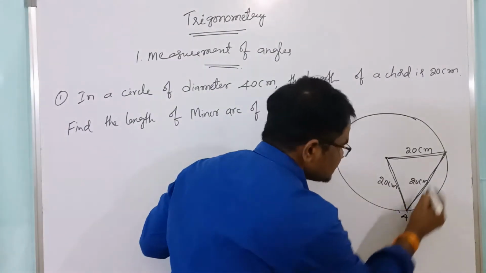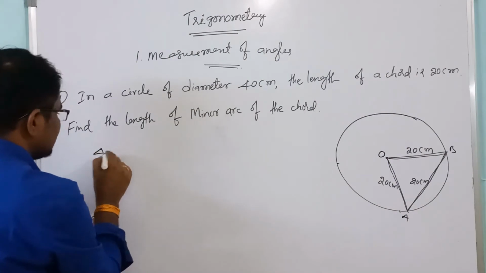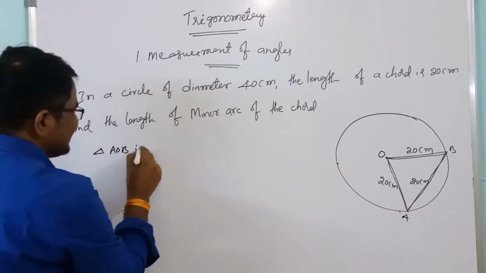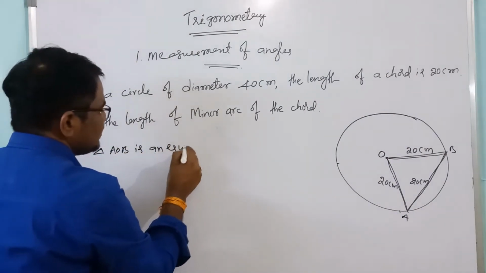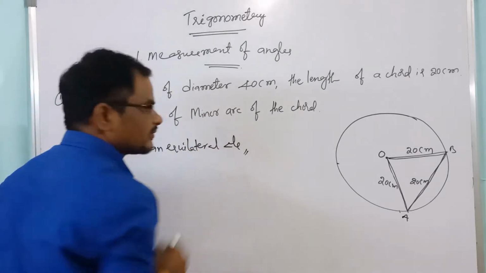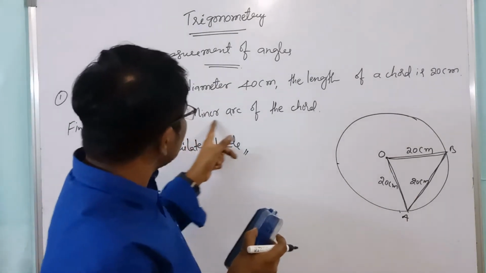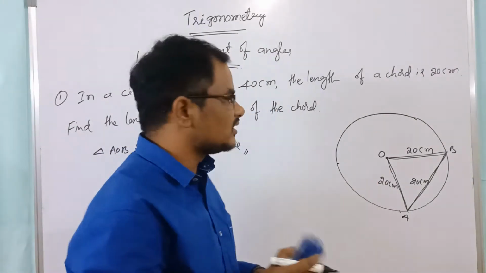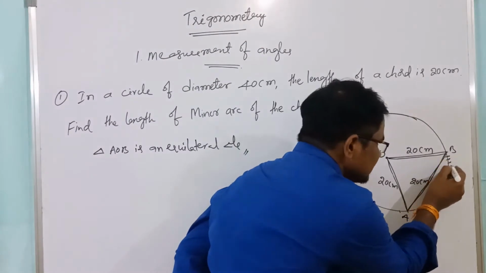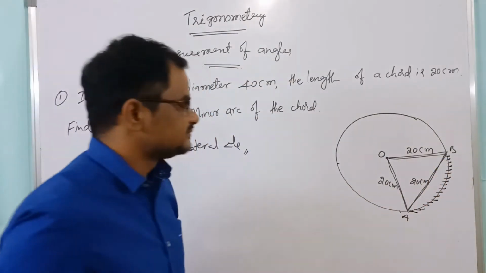If you take this as A, this as B, this as O, then triangle AOB is an equilateral triangle, right? Now what they are asking: find the length of the minor arc of the chord, means this length. So from here to here the distance you have to find.